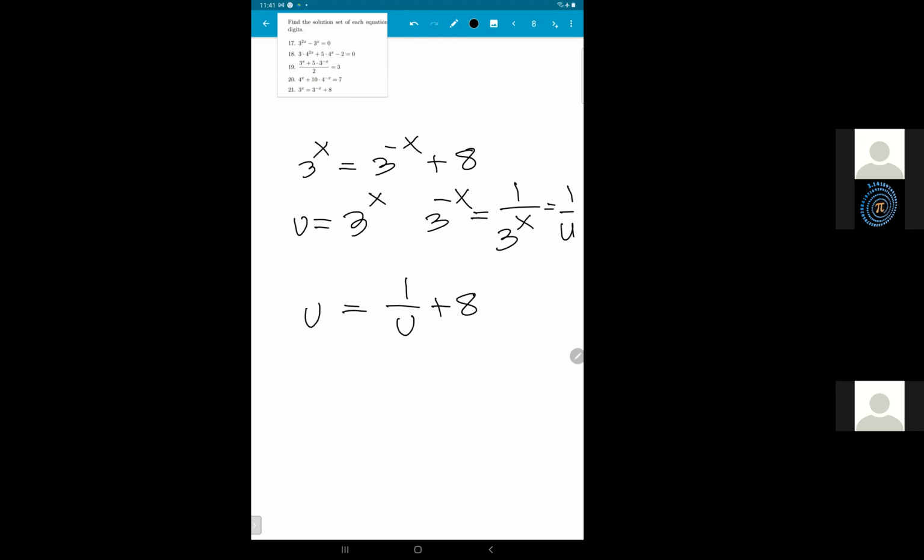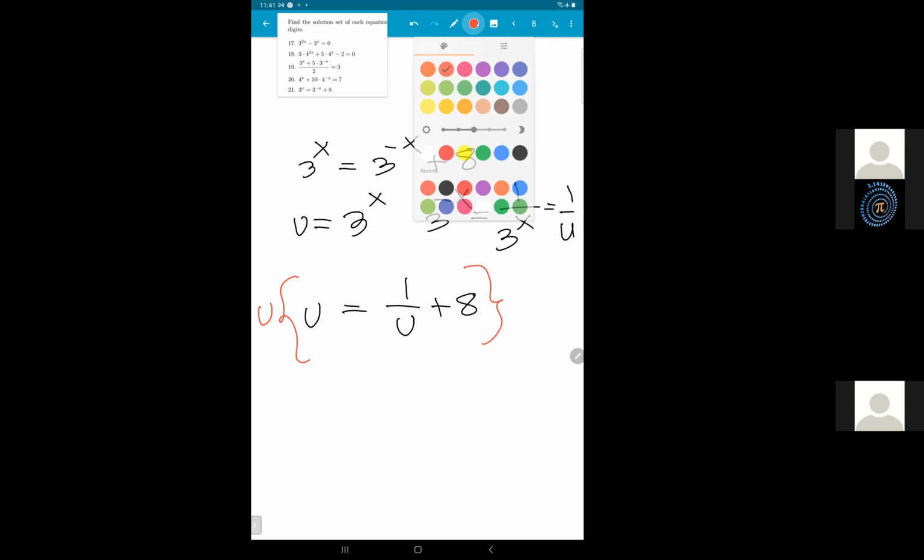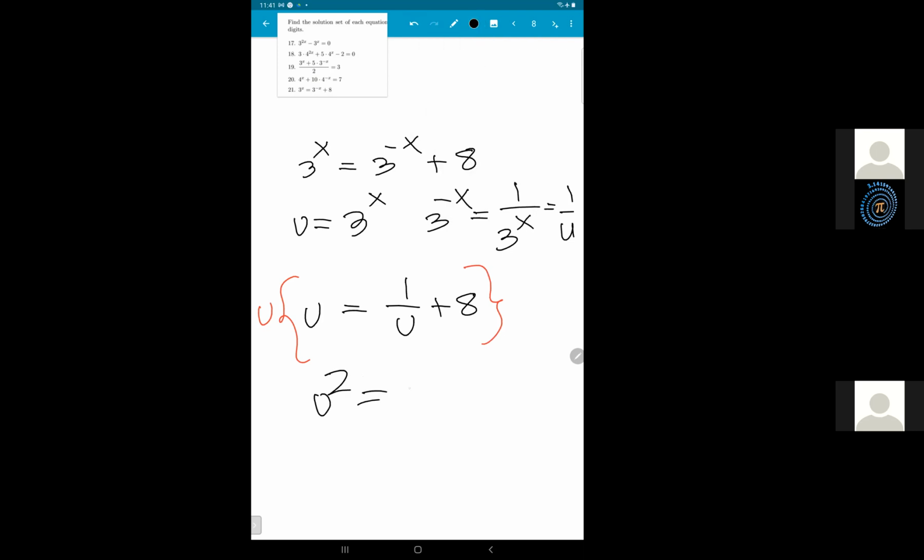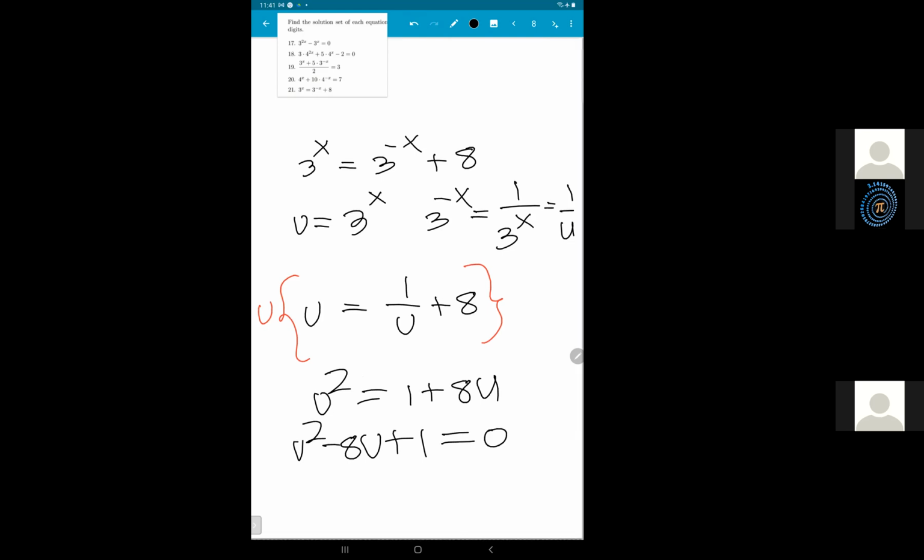And solve this algebraic equation first. So we multiply everything by the LCD. So left-hand side is u squared, right-hand side is 1 plus 8. So it has become quadratic. So it's factorable.